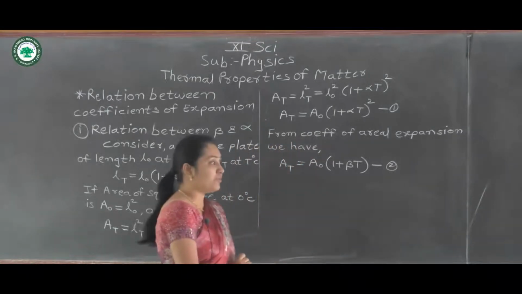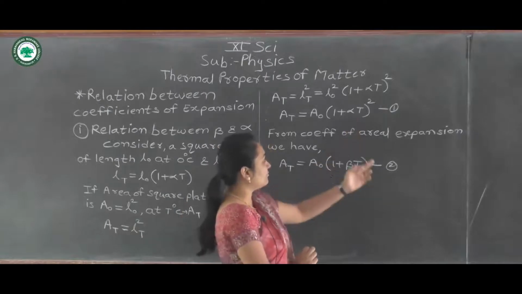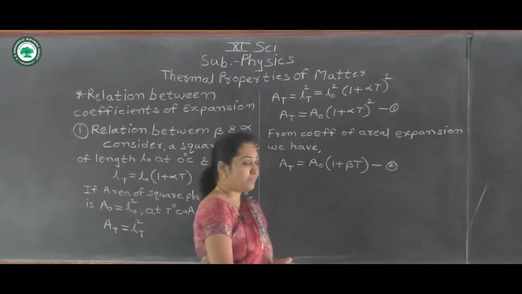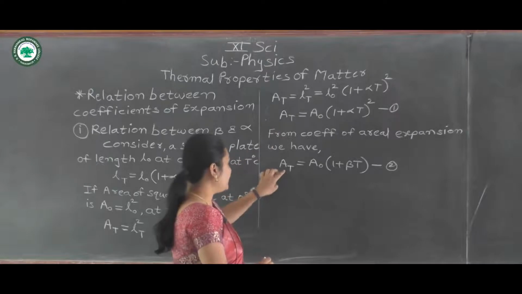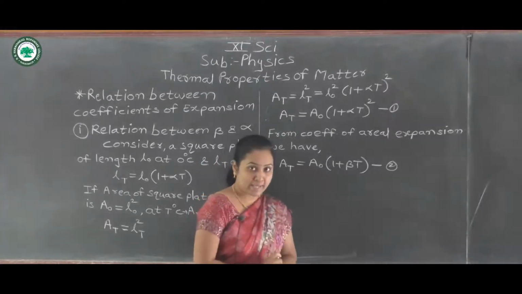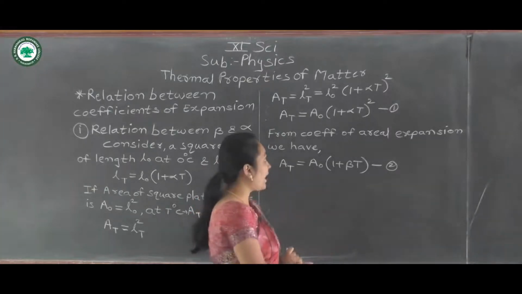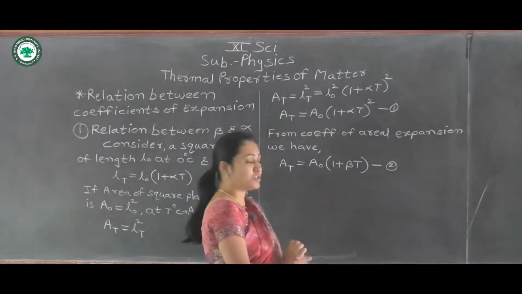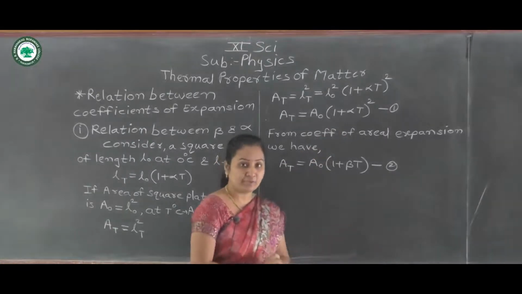Now if we see here equation 1 and equation 2, the LHS of these two equations are the same. So we can write that the RHS of these two equations are equal.